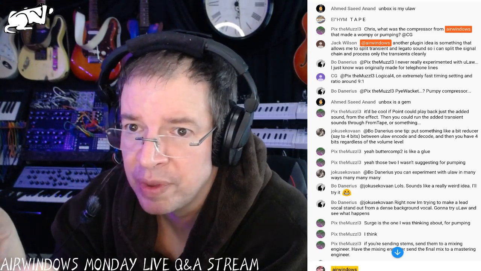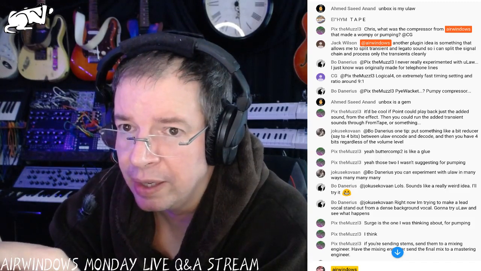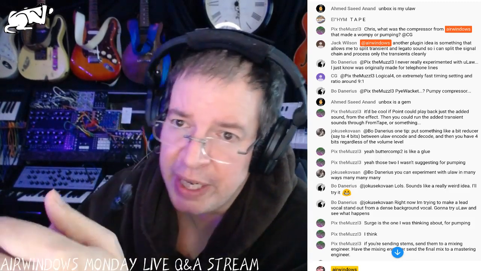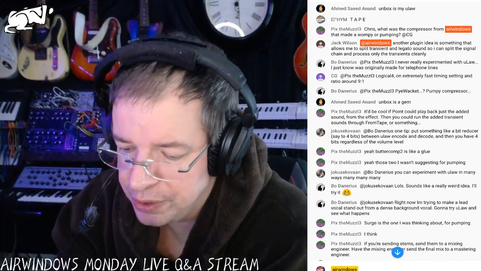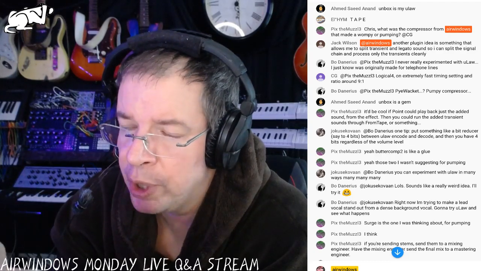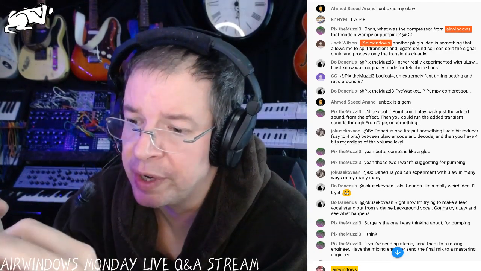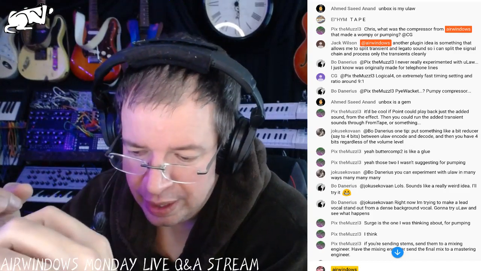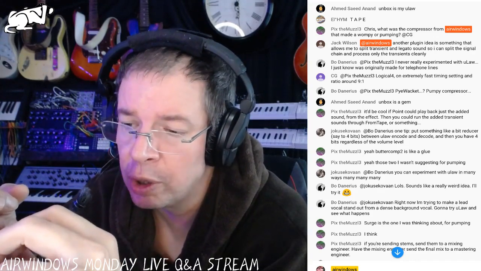Joku, the bit reducer thing. That's actually exactly what ULaw is made to do. ULaw is dedicated initially to the fact that if you put a bit crusher in there, you get a particular flavor of old school digital that is very desirable. And you can crush the sound quality down enormously.